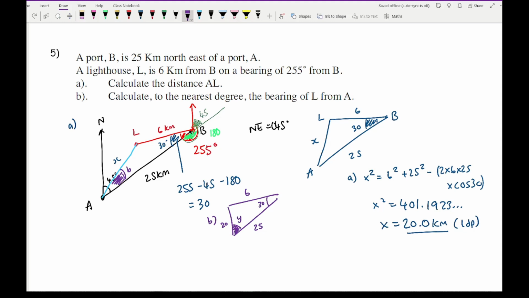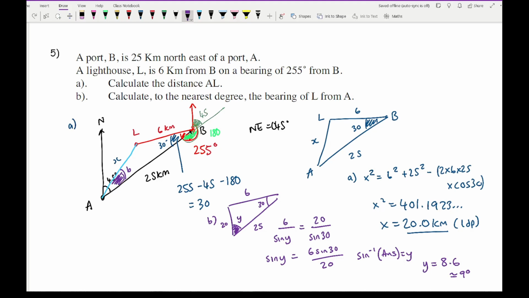So what I need to do is use the sine rule to work this out. So I get 6 over sine y equals 20 over sine 30. So sine y equals 6 sine 30, I've jumped a couple of steps, divided by 20. Then inverse sine of that answer is going to equal y. So y equals 8.6, which rounded up gives us 9 degrees.